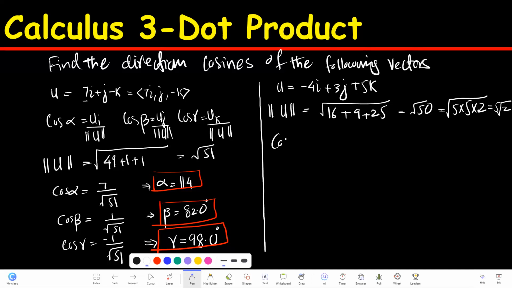Okay, now here cos alpha equals minus 4 divided by 5 square root of 2.